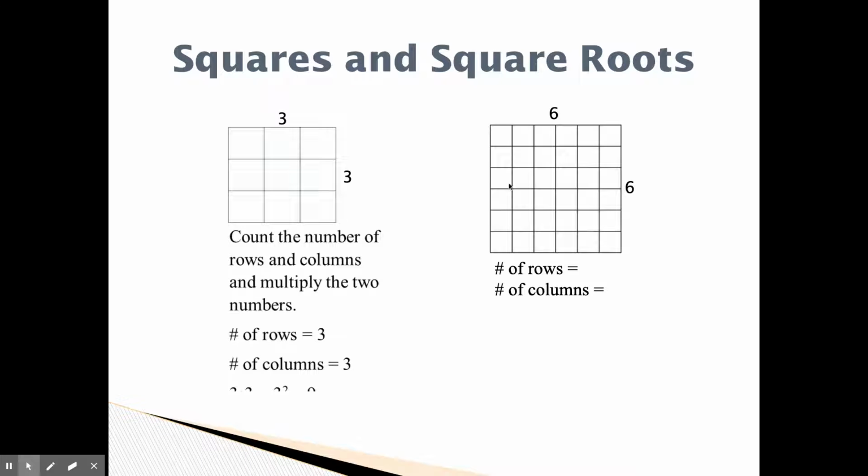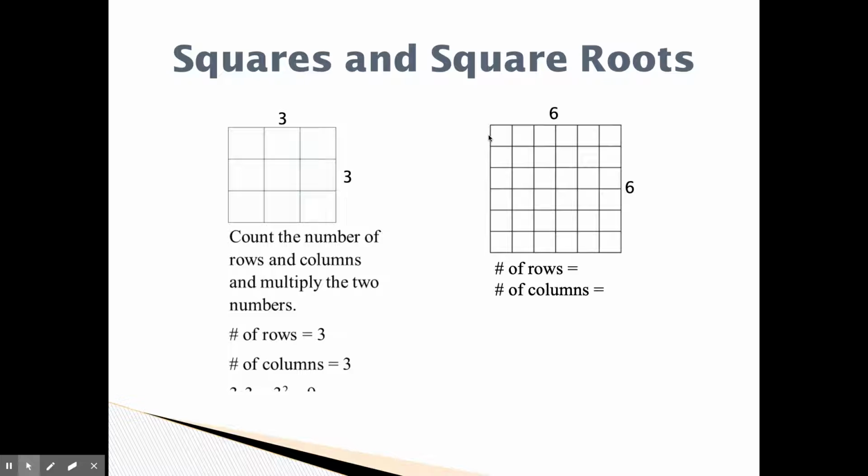Here are a couple visual representations of squaring numbers. Here I have a square. If I look at this square, I have 1, 2, 3 rows, and I also have 1, 2, 3 columns. If I take my number of rows, which is 3, and multiply it by my number of columns, which is also 3, I get 9. So 3 times 3, or 3 squared, is 9. Same thing here.